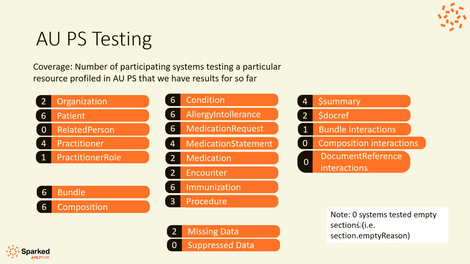It is something we will have to exercise in later testing events, to see whether or not that is something that systems can handle or expect, because it's certainly supported by IPS. And at the moment, we support that in the Australian patient summary. But if we have no evidence of people being able to handle it, I think that comes into question.